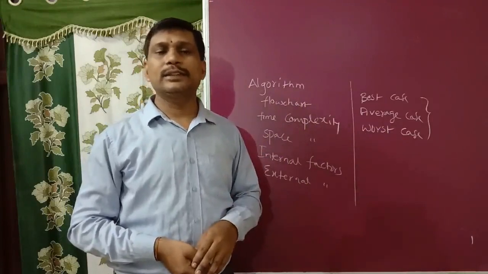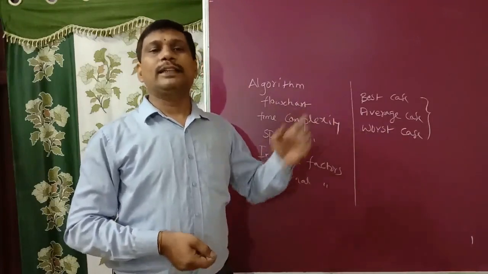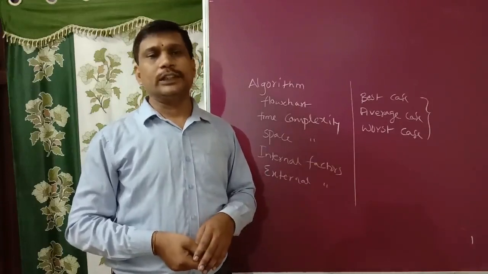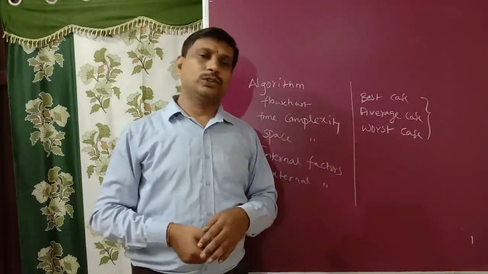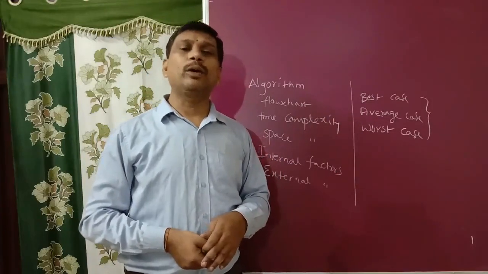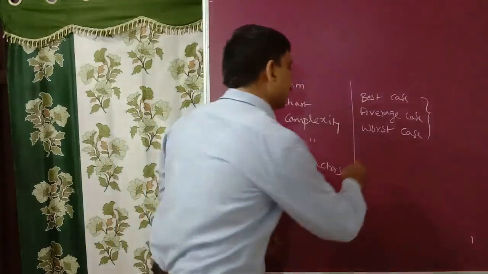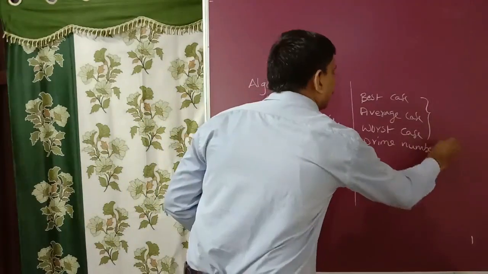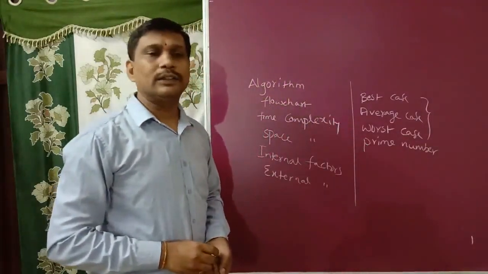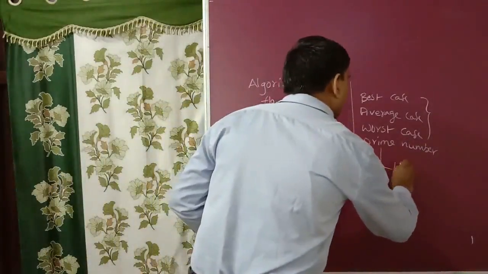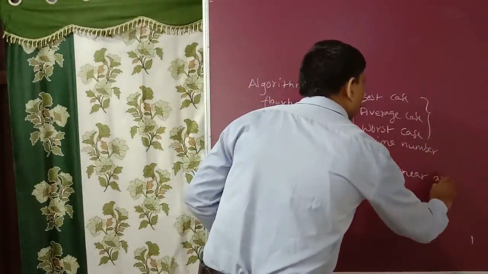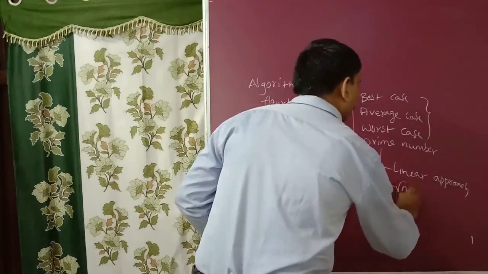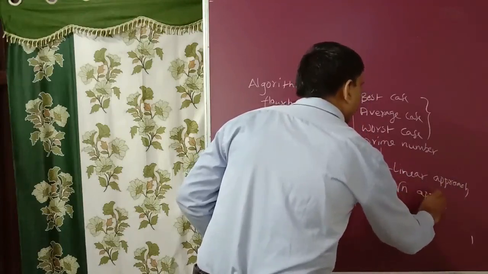One is the factors definition, through the basic concept of prime number definition, that is the linear approach. So two approaches: one is the linear approach, the second one is the root n approach.